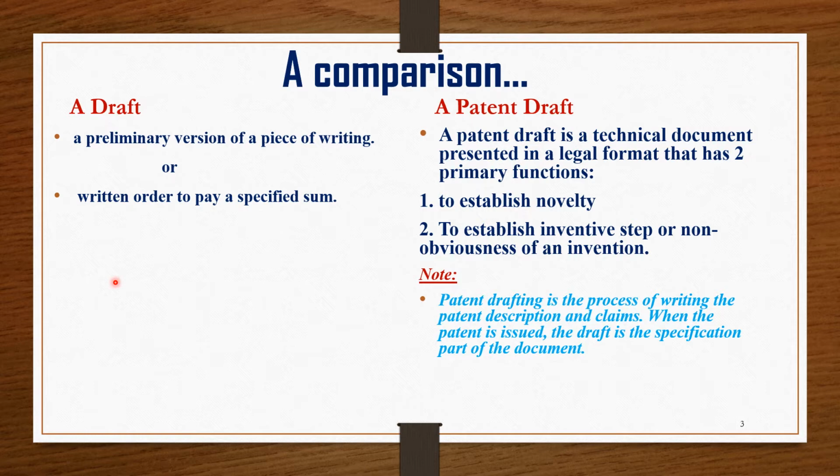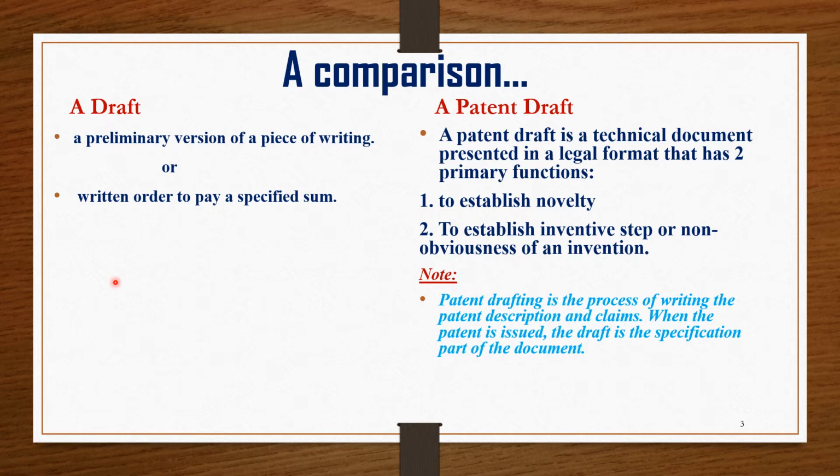Also, we can note that patent drafting is the process of writing the patent description and claims. When the patent is issued, the draft is the specification part of the document. So, whenever you try to understand the meaning of this statement that I have written in the note part, then your confusions will be clarified.